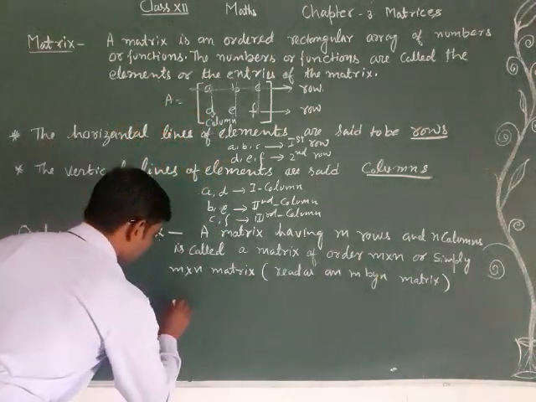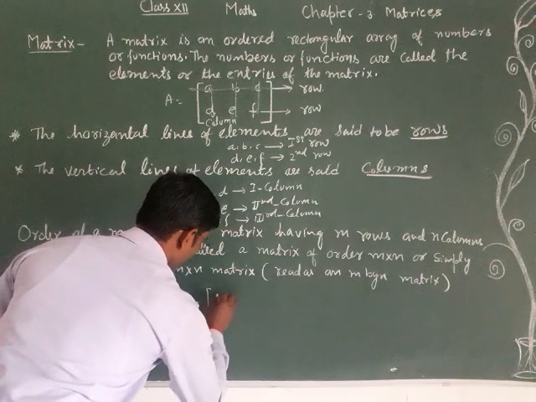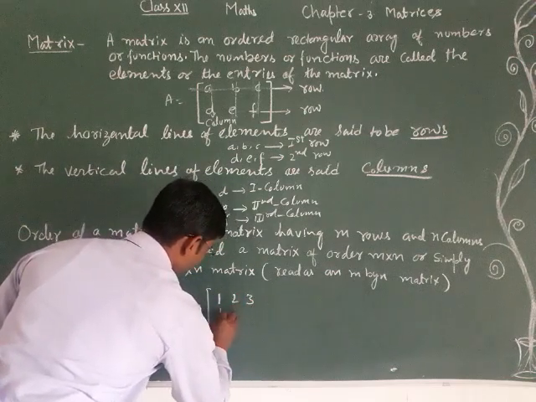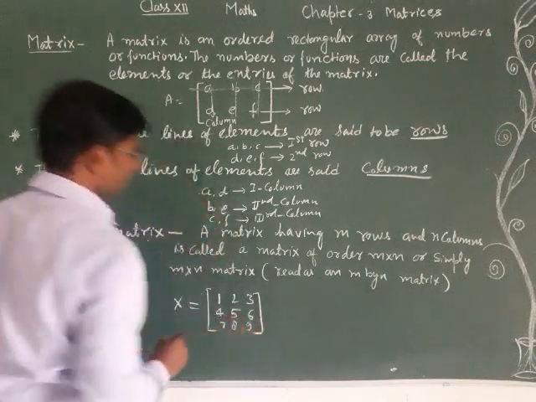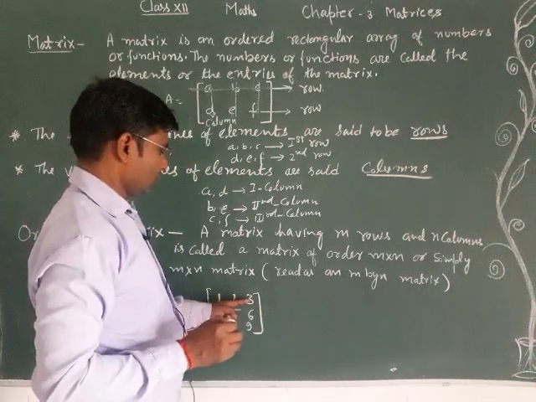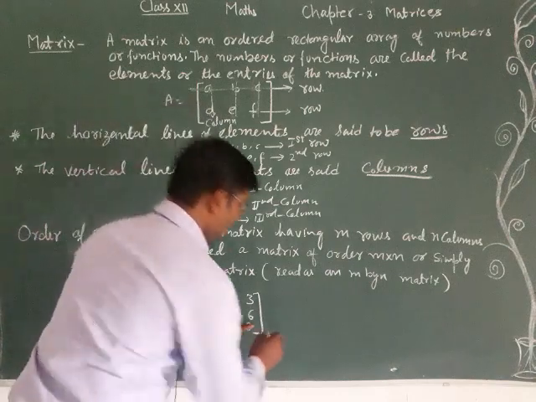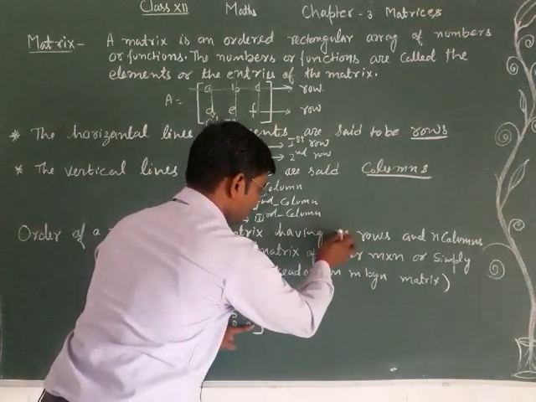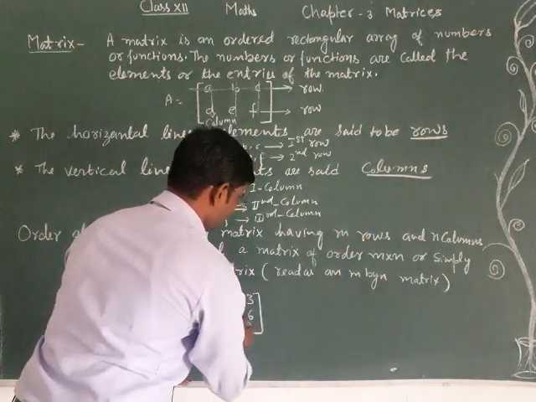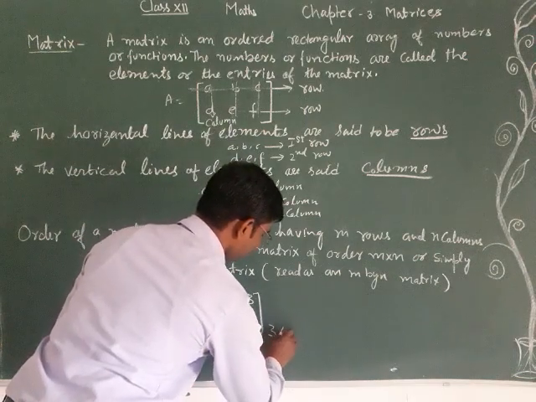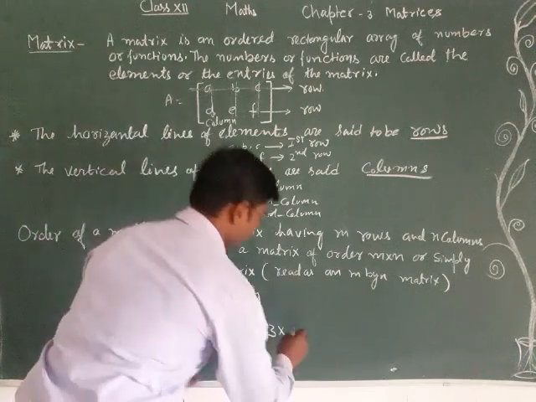Let a matrix X have elements 1, 2, 3, 4, 5, 6, 7, 8, 9. The number of rows is one row, two row, three rows, so m is 3, and by the columns: one column, two column, three column, so n is 3.